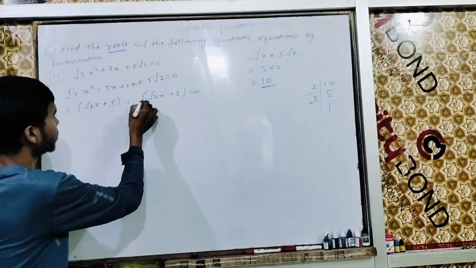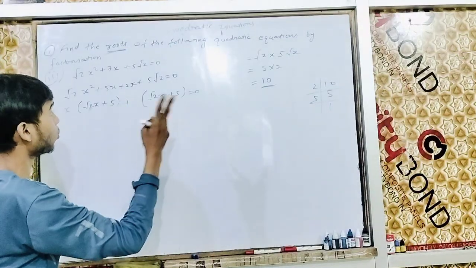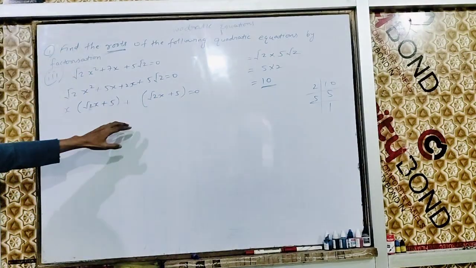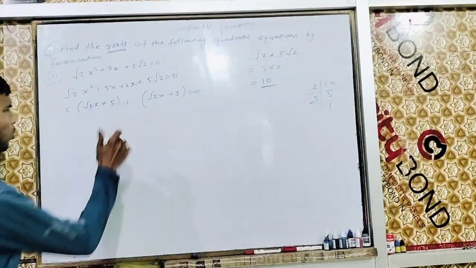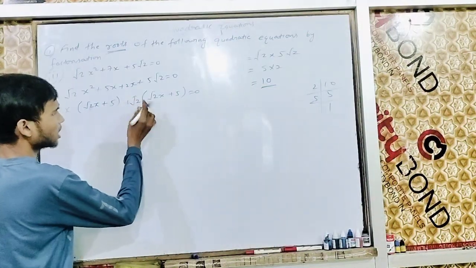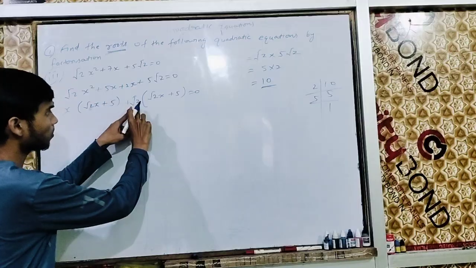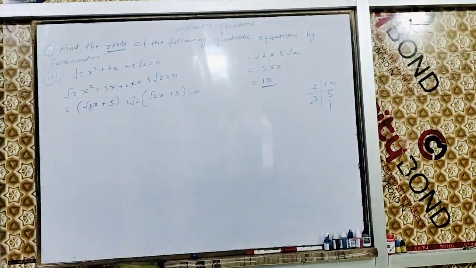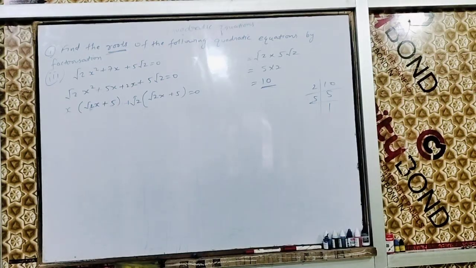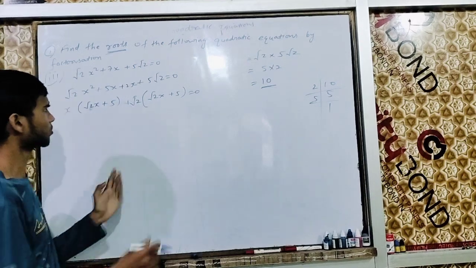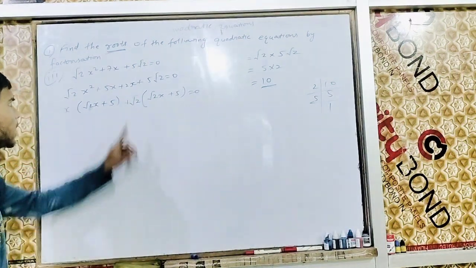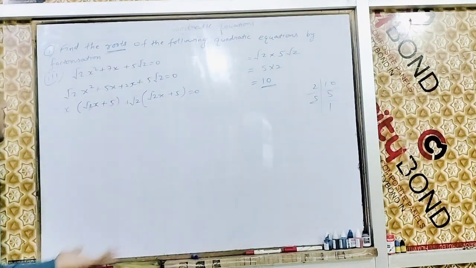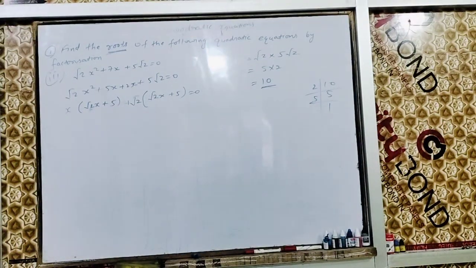If we write here root 2, only root 2, then you can see the multiple of this and this is becoming 2x. I have proof, don't worry. I have evidence. Here you can see 2 twos are 4, 4 is the perfect square of 2, and here we have 2, and x will be as it is. So of course this is a proof.